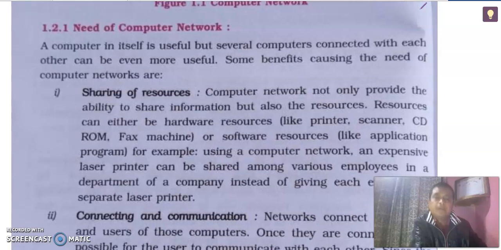Of course, while being in a network, when we are sharing our data and information among the computers, we can also share our hardware devices like printer, scanner, CD-ROM, and fax machine. So these devices can also be shared.